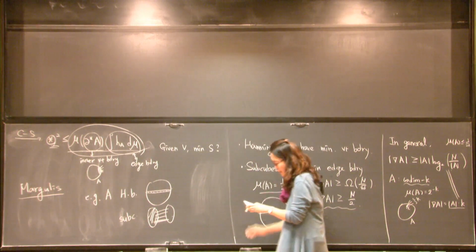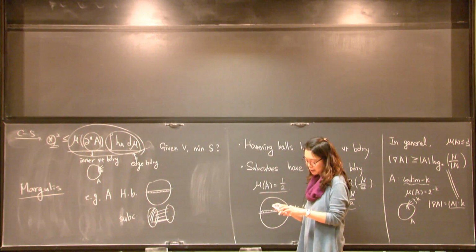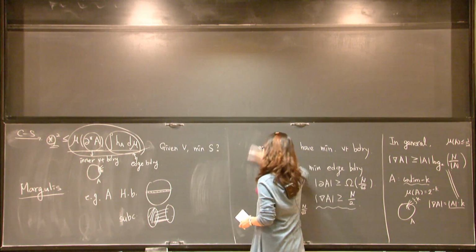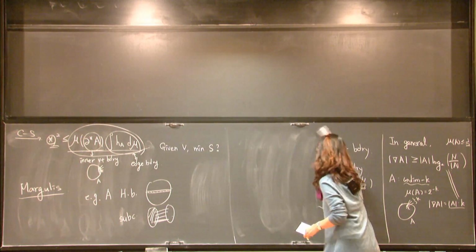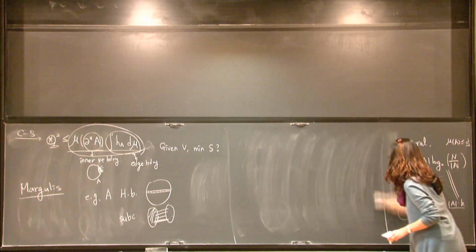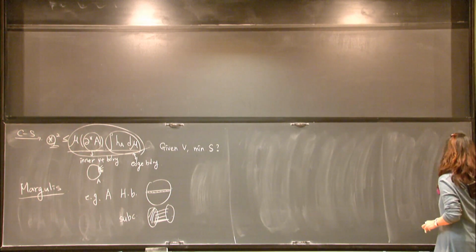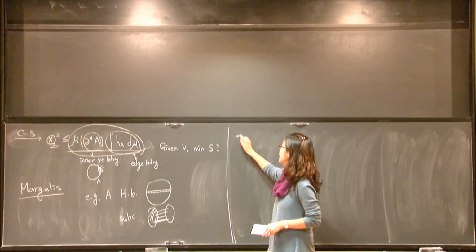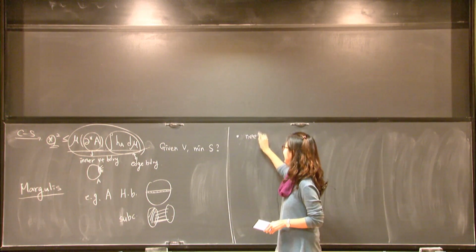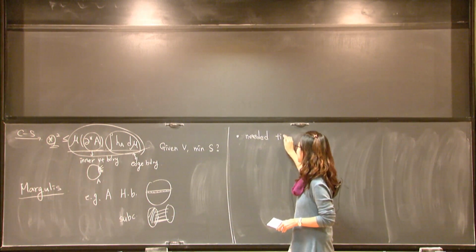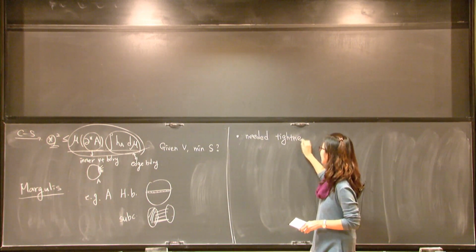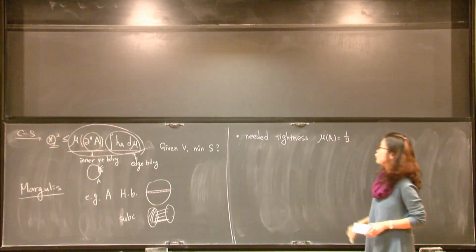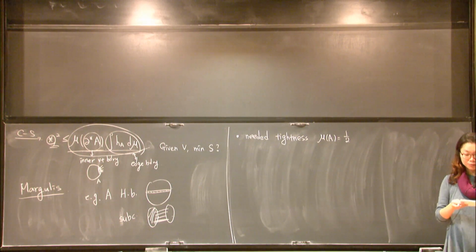Anyway, so as I said, we needed tightness. We had some specific motivation, and we needed tightness. So let me get back to our work. We needed tightness when mu of A, in particular, is exactly half.